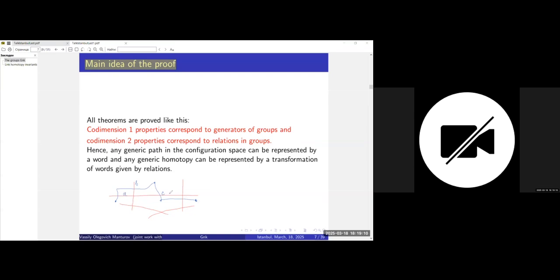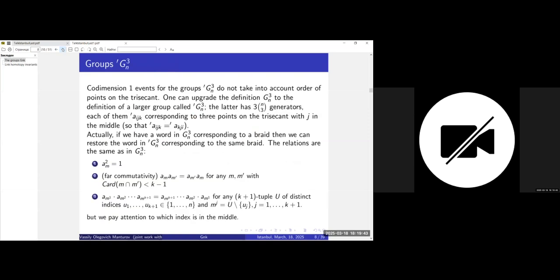And if we have some homotopic paths, then we can go around a corner. And so a wall is something of codimension 1, and a corner is something of codimension 2. And so in many, many situations described by my main principle, walls correspond to generators of G and K, and corners correspond to relations.